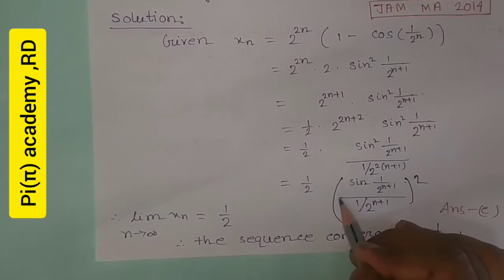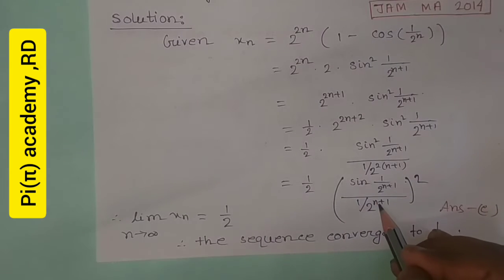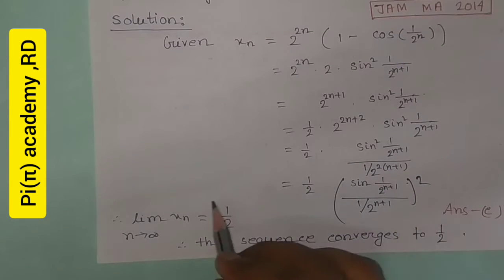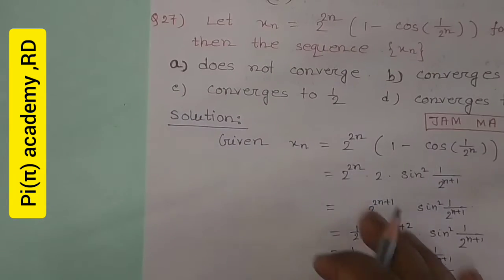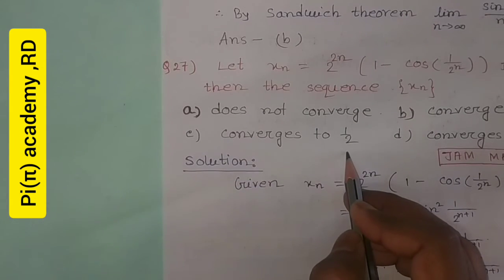We know that the limit as x tends to 0 of sin x by x is 1. Therefore this is 1 and the limit of xn is equal to half. Therefore the sequence converges to half. Hence option C, converges to half, is true.